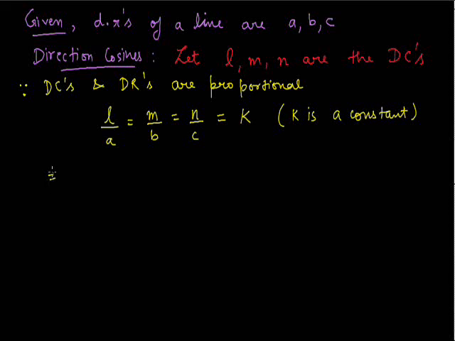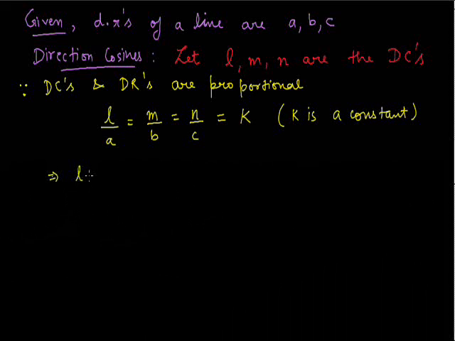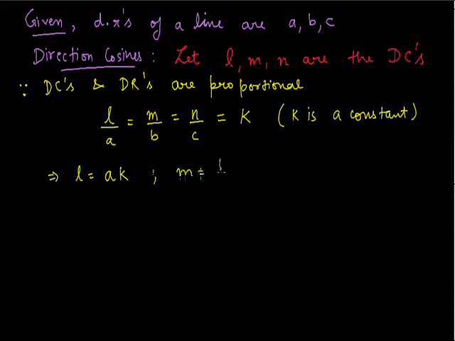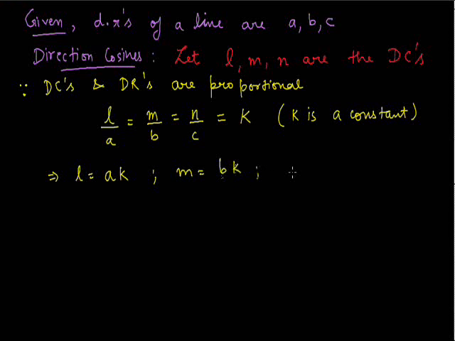So from here, the direction cosines which we need to find out: L can be written as A times K, M as B times K, N as C times K.